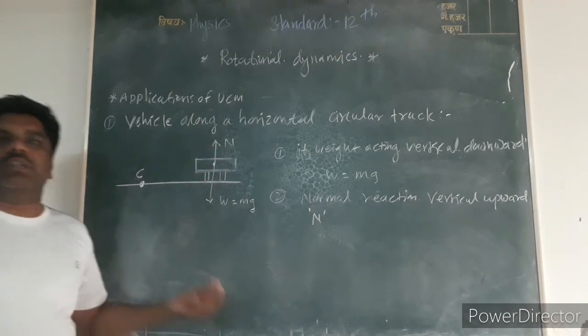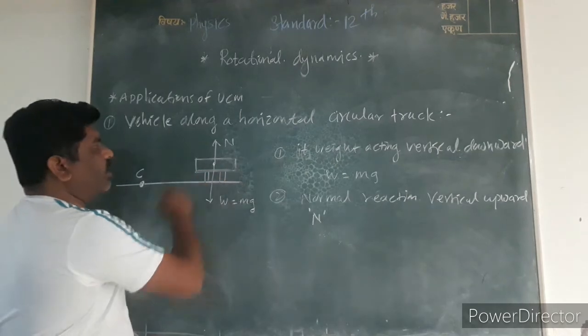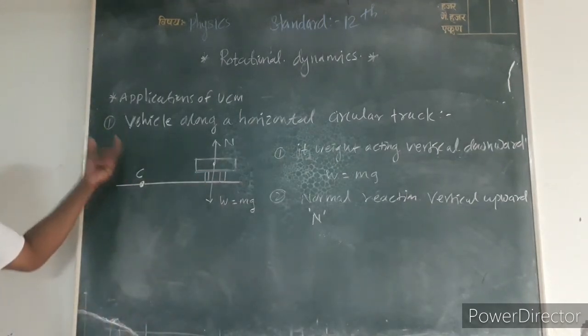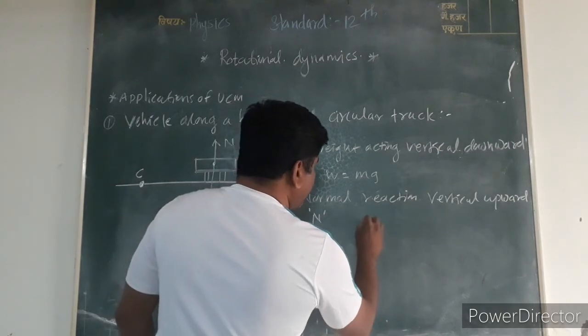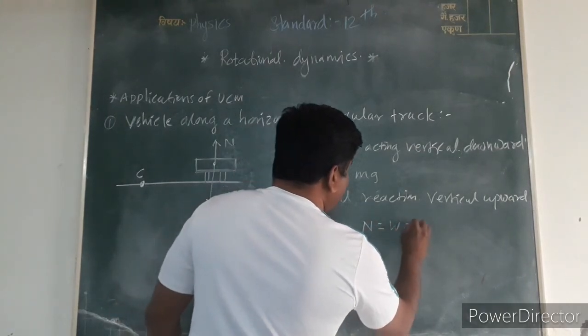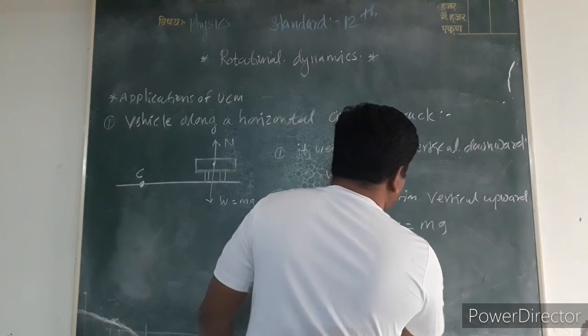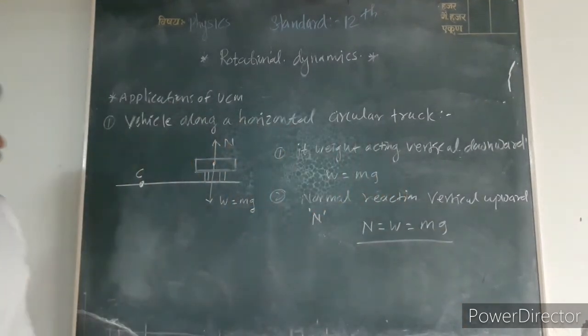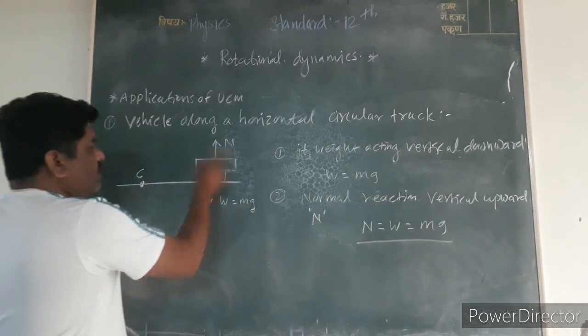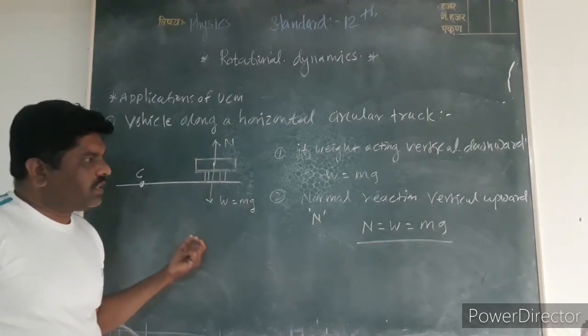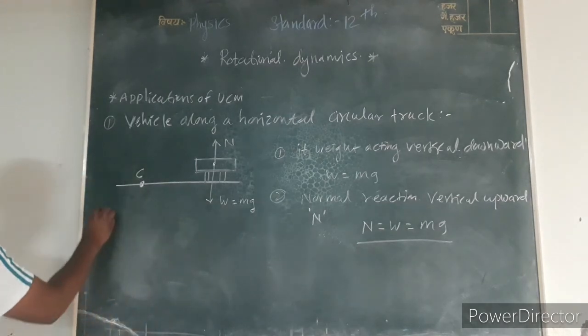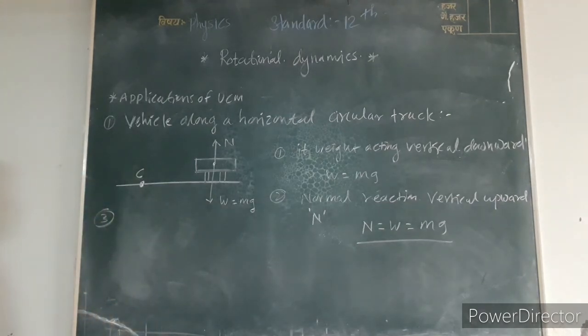This normal reaction balances the weight of the vehicle, that is N is equal to W is equal to mg.